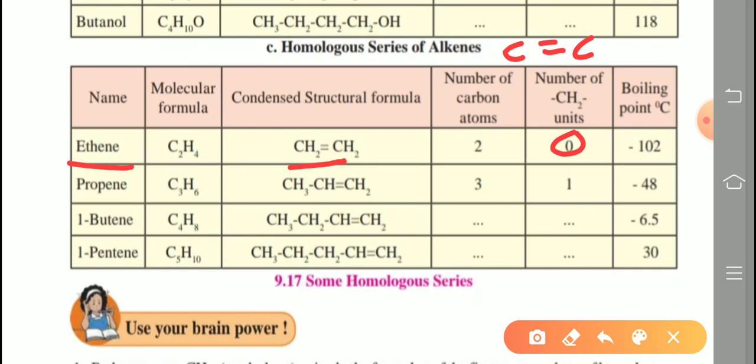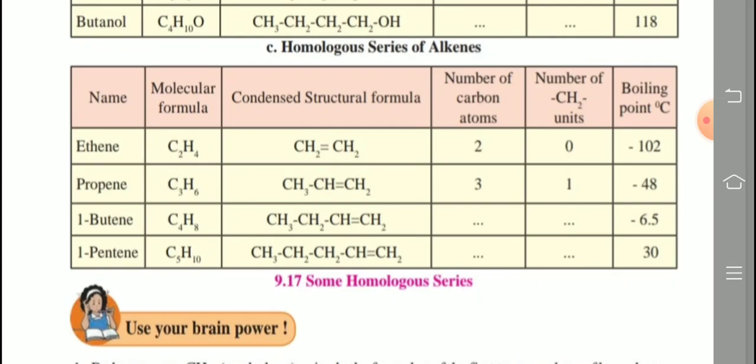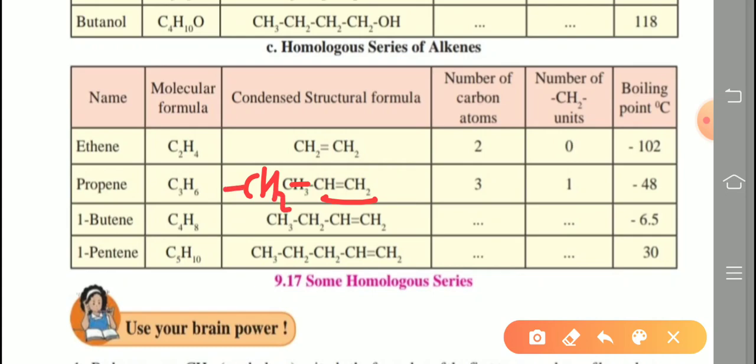Next, propene, number of carbon atoms 3, but how many CH2 groups? We are showing the last carbon, not the double bonded ones, but this last one CH2 and 1 hydrogen replaced like this. This remains as it is, and we are joining like this CH2 and 1 hydrogen. This is called 1 CH2 group.